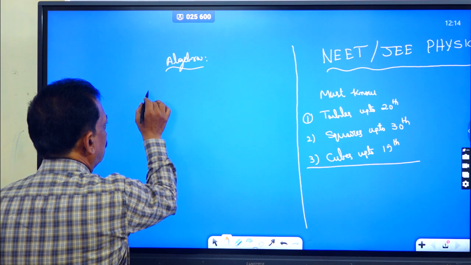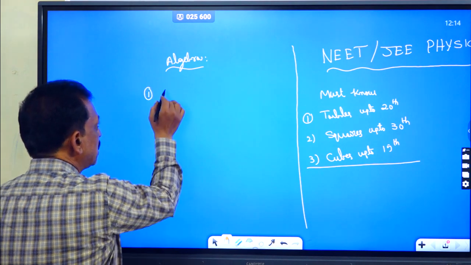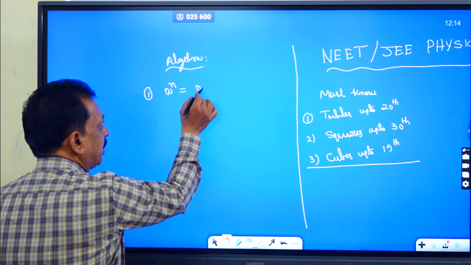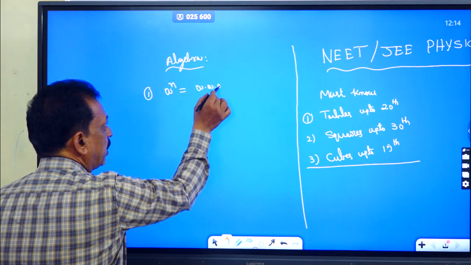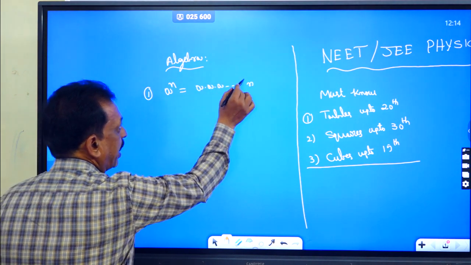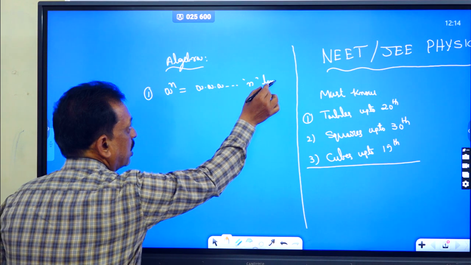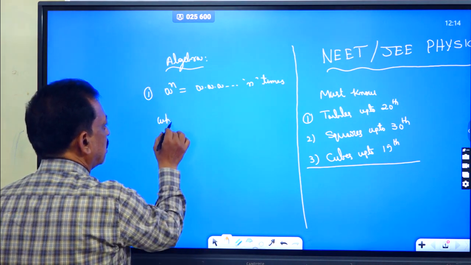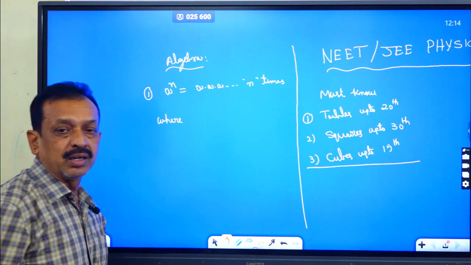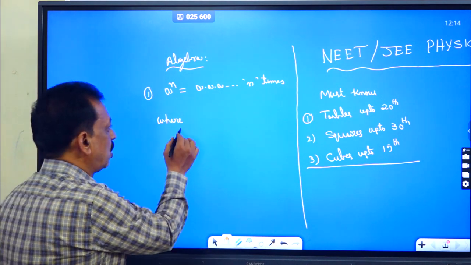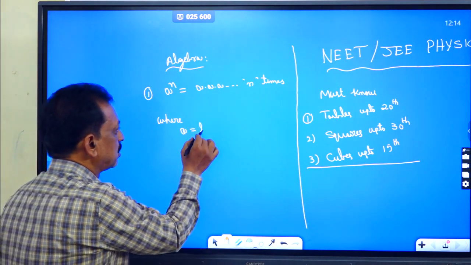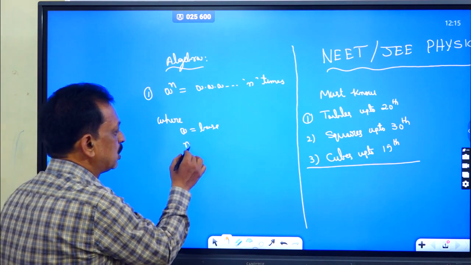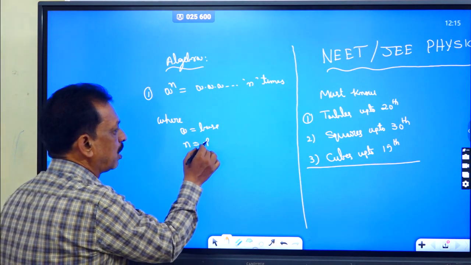In algebra, you might already know that a to the power of n is equal to a multiplied n times, where n is a natural number, a is called the base, and n is called the power or exponent.